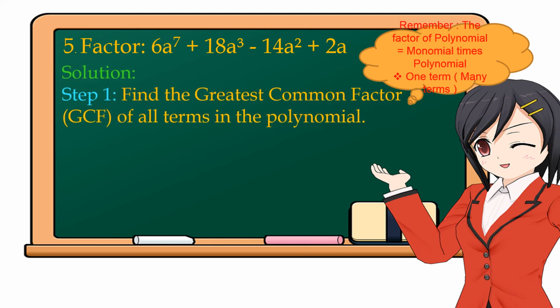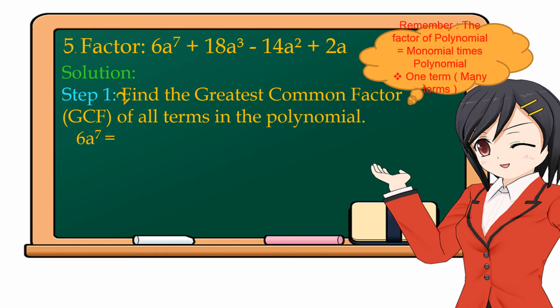So find the greatest common factor of all terms in the polynomial. So we will get the factors of 6a raised to the 7, 18a cubed, 14a squared, and 2a.